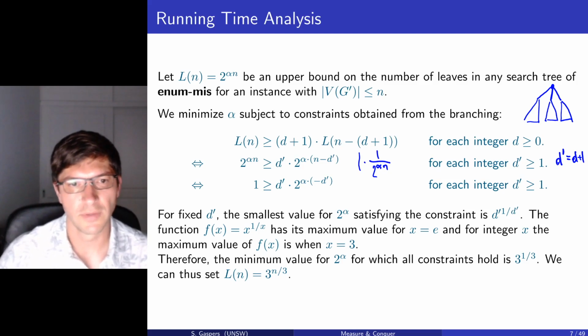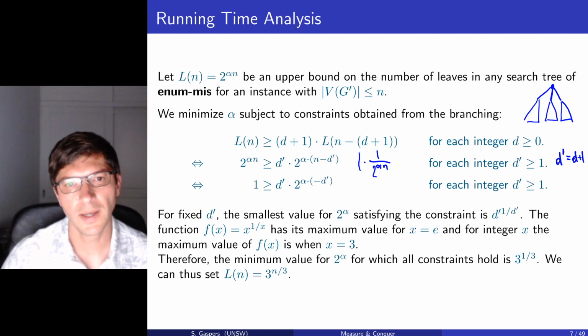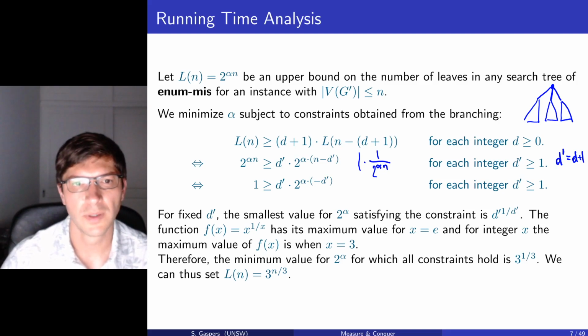So let's fix d prime and then look at the smallest value for alpha, and in this case I'm looking at the smallest value for 2 to the power alpha, which is equivalent, that satisfies such a constraint. And I come to the conclusion that the smallest value for 2 to the power alpha satisfying such a constraint is d prime to the power 1 divided by d prime.